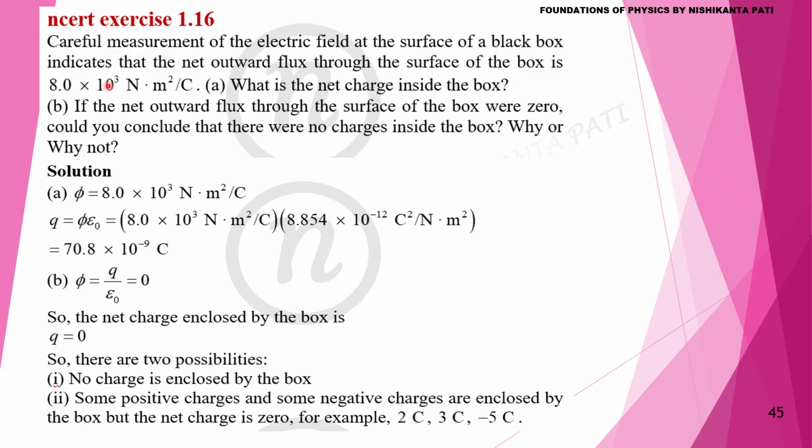So in the first case, the flux is given, and we have to find the charge. Charge is phi times epsilon 0. Epsilon 0 value and phi value are known, so the answer is this much coulomb. Next, the flux is given as 0, so the enclosed charge is 0.